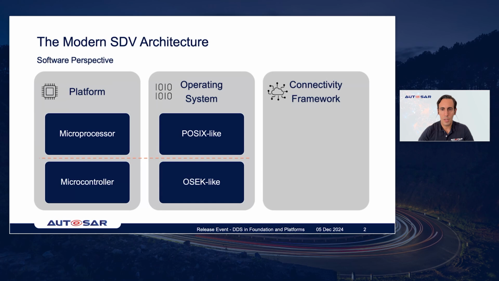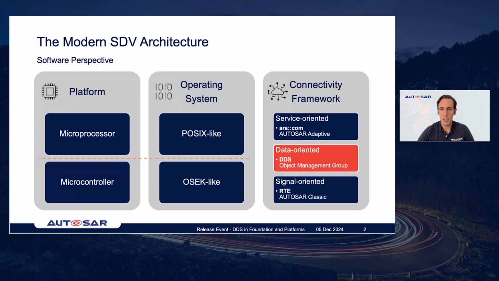And with those choices already made in our system, it is time to consider the connectivity framework. So from this perspective, we have three main choices. We can look for service-oriented kind of communication, which is enabled by ARA::COM from the AutoSAR adaptive platform, or on the opposite side to that, signal-oriented communication, which we all know is very well enabled by the RTE in AutoSAR Classic.